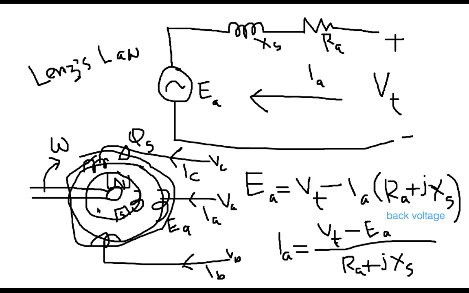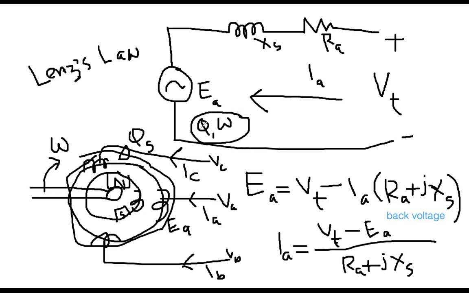Now, as I said, this voltage is developed because of the rotation and the magnetic field. So definitely EA is a function of the flux, how much flux is on this north pole and south pole, and the speed of rotation. So EA is dependent on two factors.